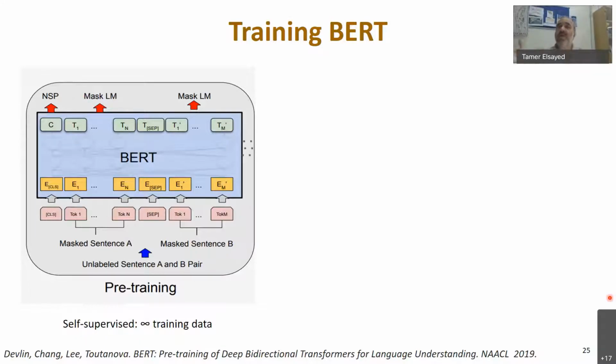With Word2Vec, it's not the model that we use, it is the embeddings directly. Here we use a model to generate embeddings for a given sentence. So it is a pre-trained model, not pre-trained embeddings. That's a big difference. Now, after we pre-train, any questions?